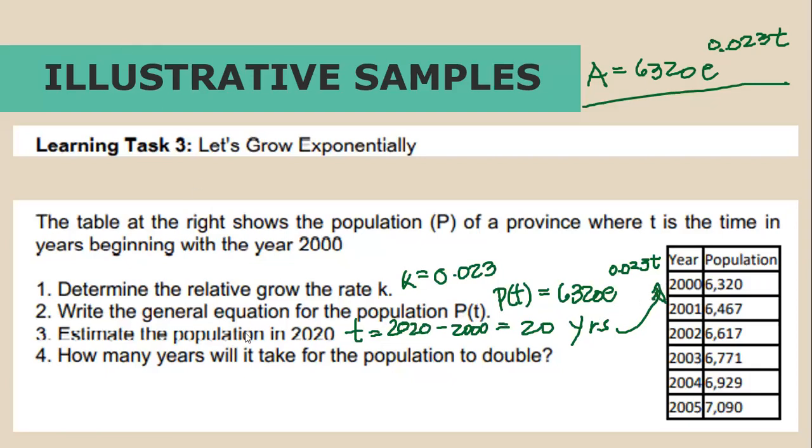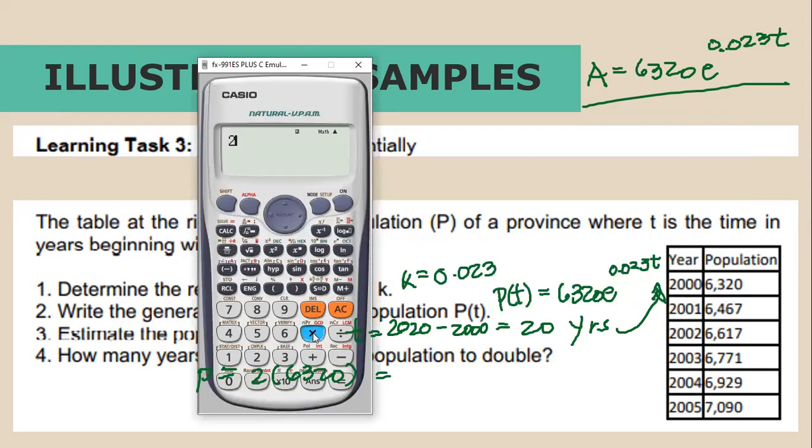So how many years will it take for the population to double? Okay, so population daw 6,320. Okay, madodoble again. So P is equal to 2 times 6,320, and that is 12,640.